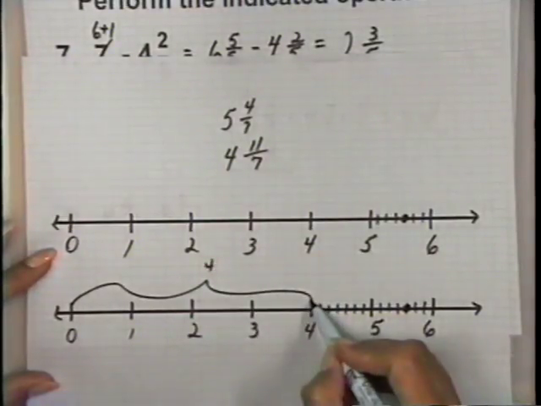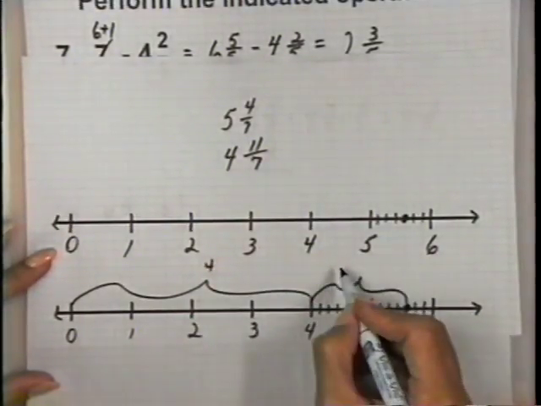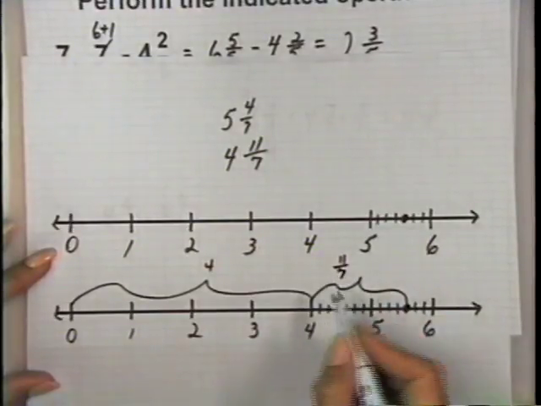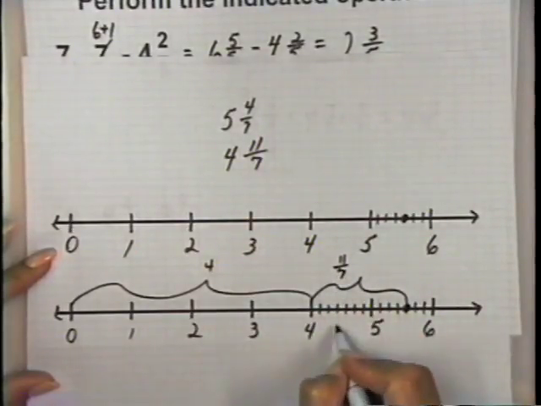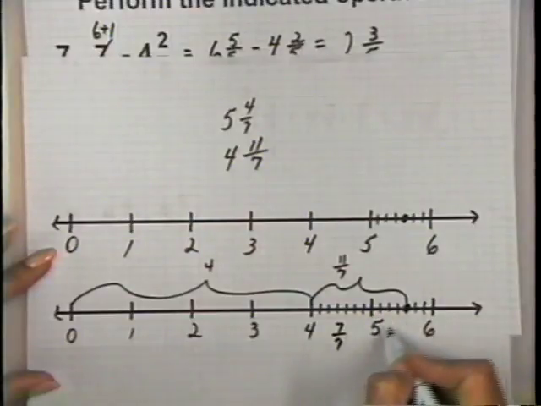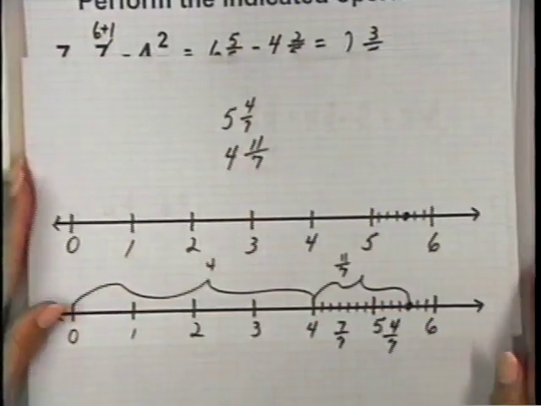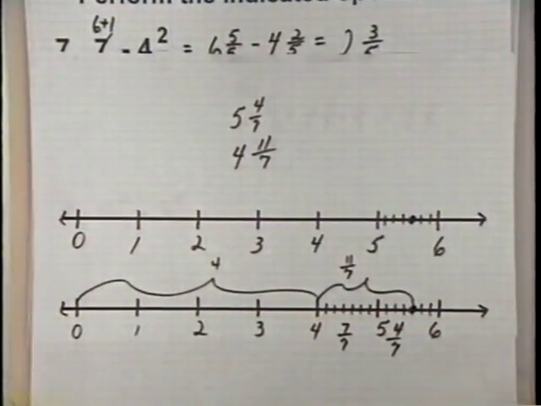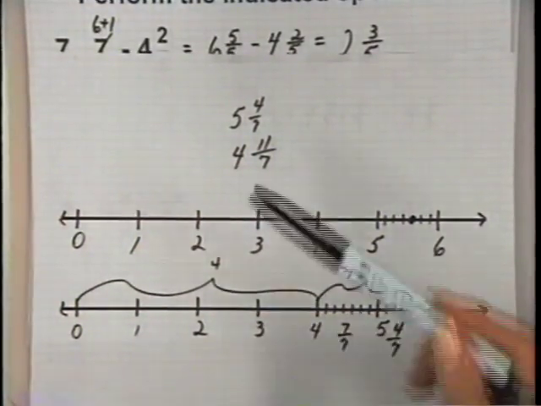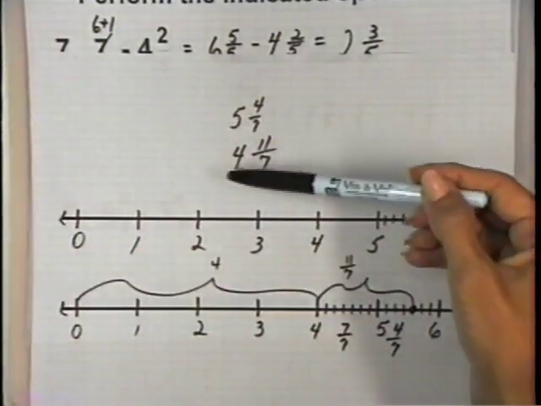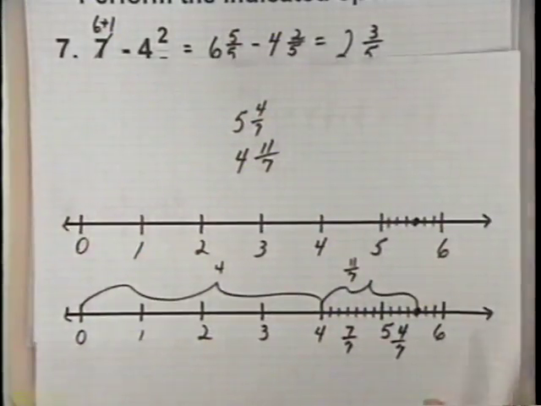And then that represents my 11 sevenths, where from 4 to 5 is 7 sevenths, and then I move 4 more sevenths. All right, let's complete our problem. I just think it's very important that you understand why we can write 5 and 4 sevenths as 4 and 11 sevenths.